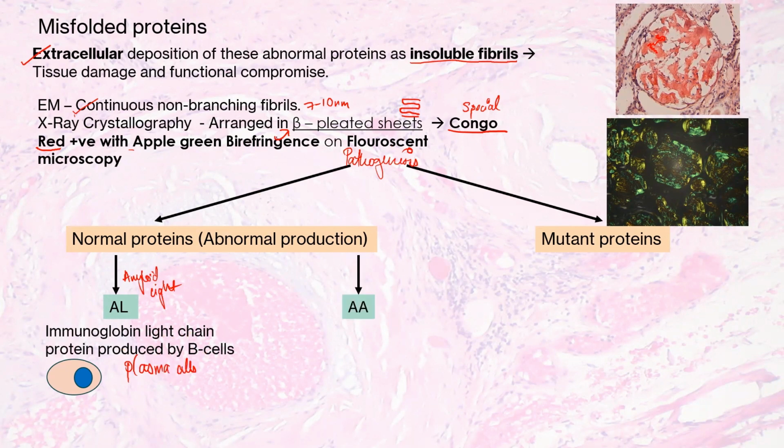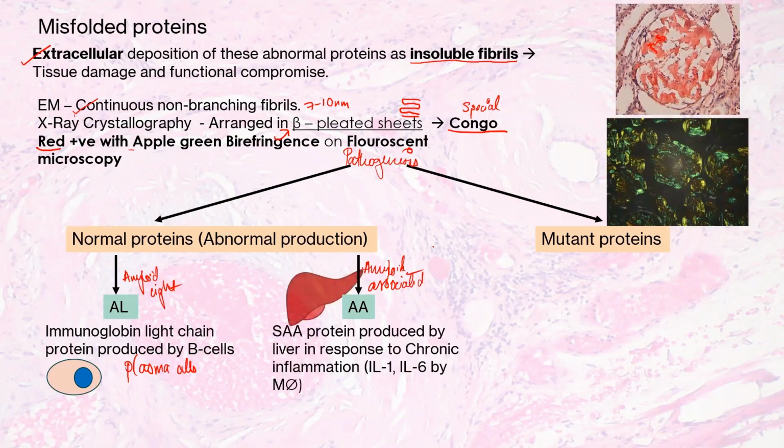Next is the AA protein. AA means amyloid associated. This protein is formed from a precursor protein known as serum amyloid associated protein, SAA, which is produced by the liver in response to chronic inflammation, where the mediators like IL-1 and IL-6 stimulate the liver to produce this SAA.